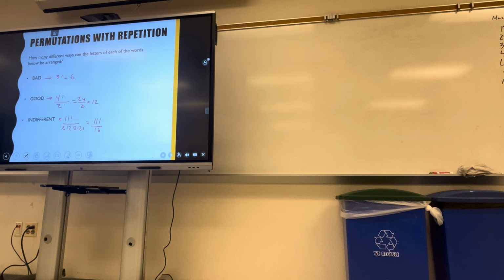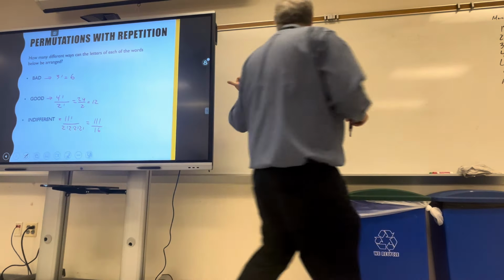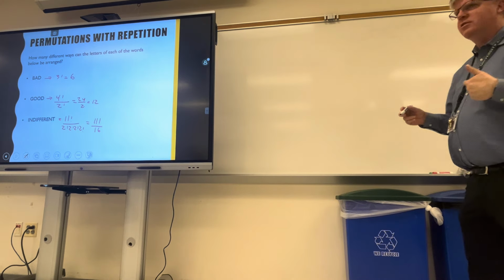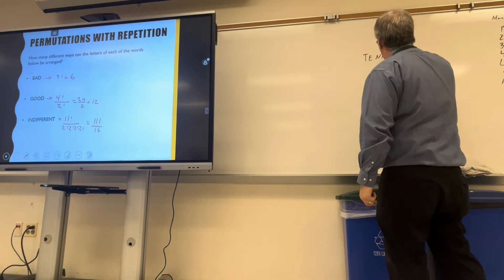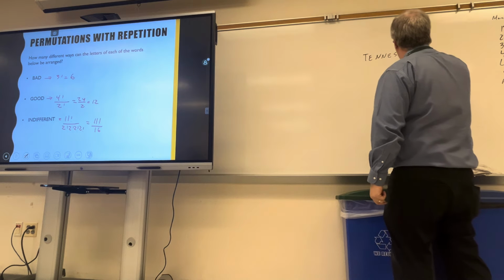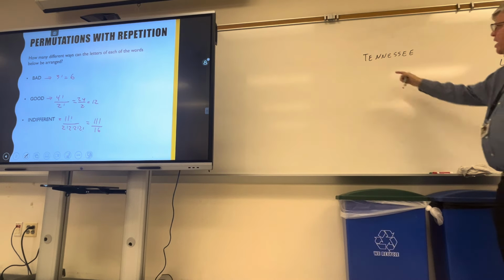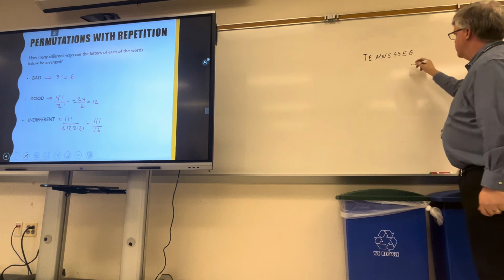Okay? You might have seen this before in Calc, but I wouldn't be surprised if you forgot it because it's not like you're doing this on a daily basis. Right? I remember when I taught Calc, we did a couple examples of this with some state names, like Tennessee and Mississippi are good ones for this. Right? So Tennessee has 2, 4, 6, 8, 9 letters in it.